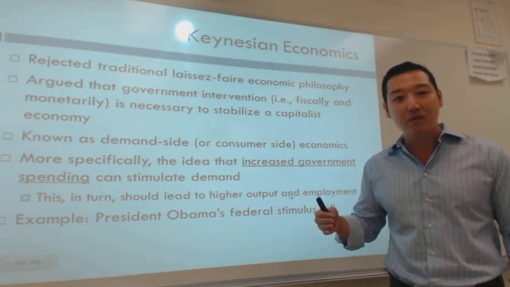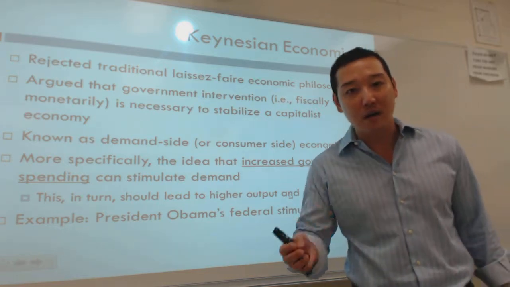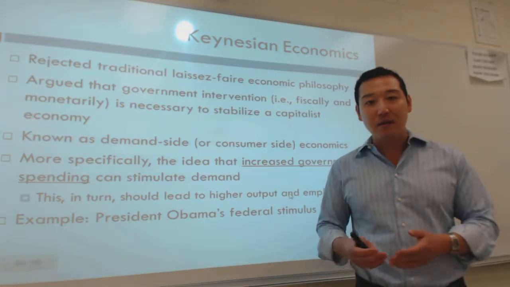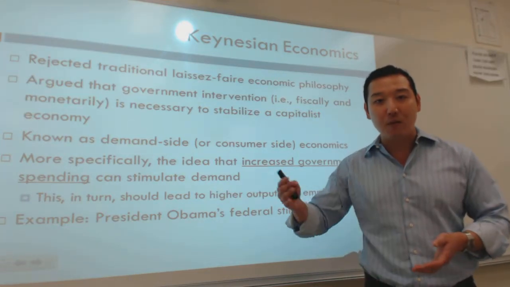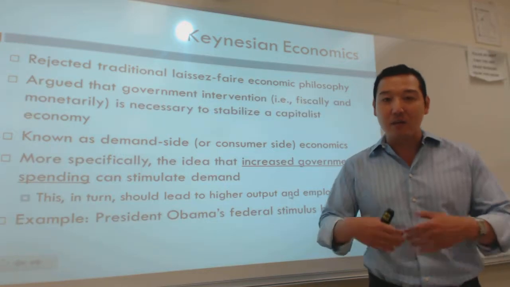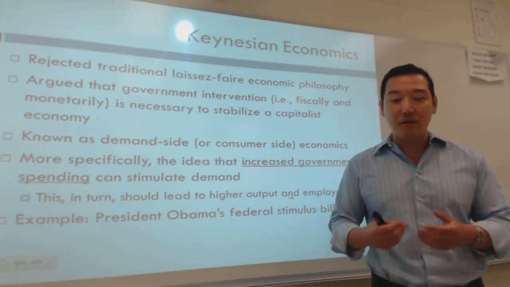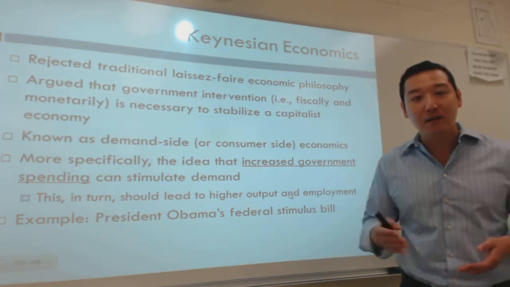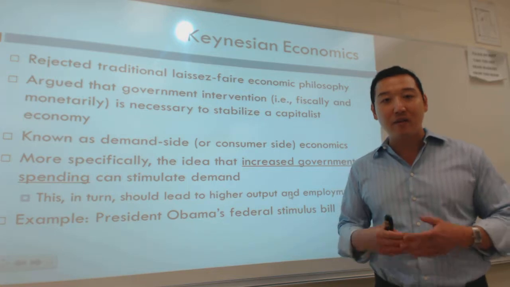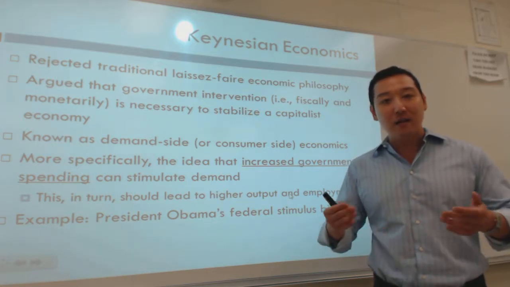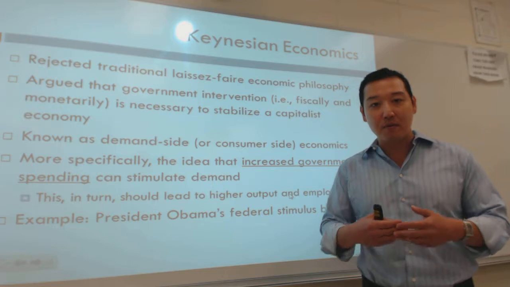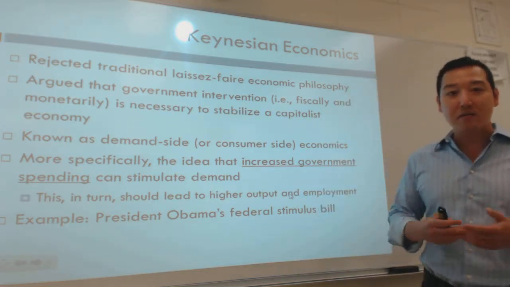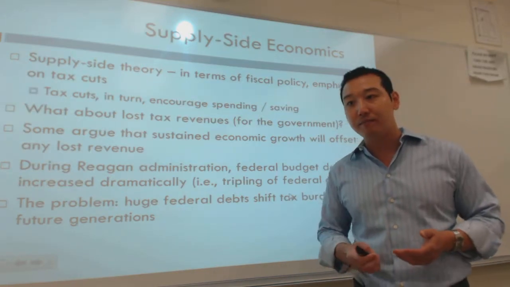We saw this in the historical section last week when FDR created the Works Progress Administration and the Civilian Conservation Corps. These were certainly Keynesian in nature, with massive government involvement in order to stimulate the economy and to address the issue of unemployment. Obama's federal stimulus bill, his $8 trillion stimulus package in 2009, might be considered Keynesian in nature. That's heavy and direct government involvement for the purpose of stimulating and stabilizing the economy. So this is in the tradition of Keynesian economics.